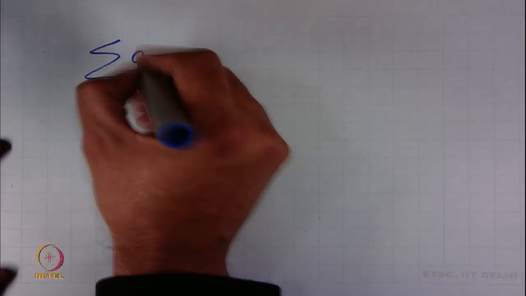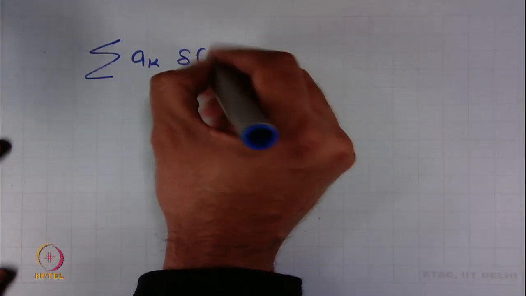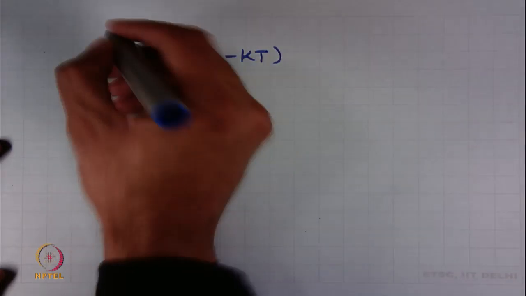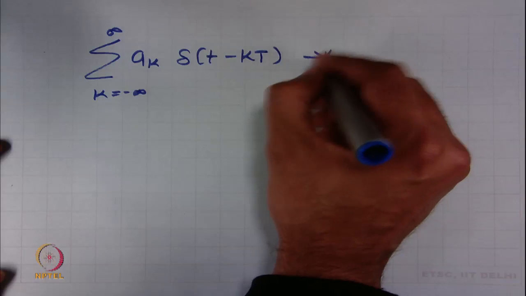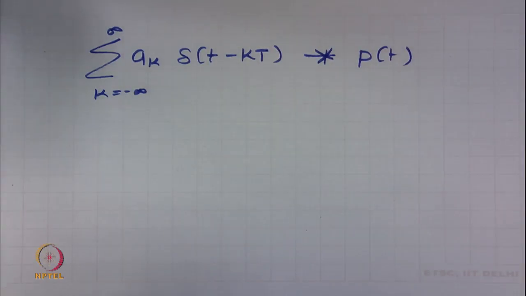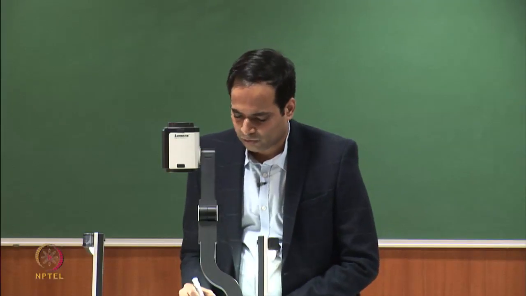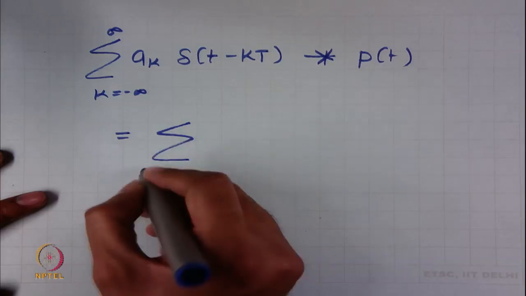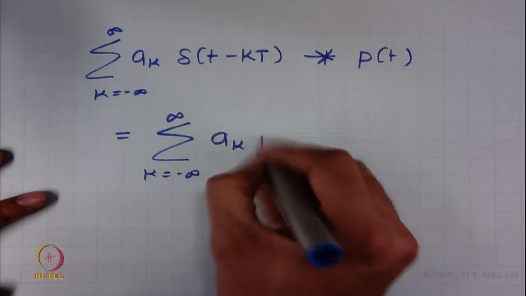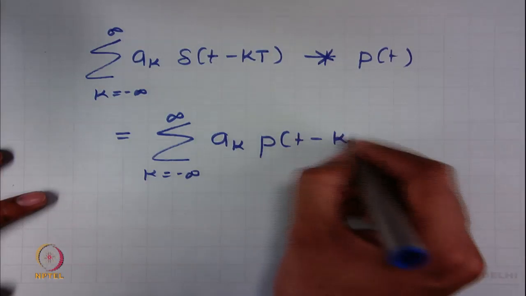Now, you pass this impulse train through a filter. Passing through a filter means I need to convolve this with the impulse response of the filter. Let us assume that the impulse response of the filter is p(t). So, what you get is summation over k from minus infinity to plus infinity of a_k p(t - kT).